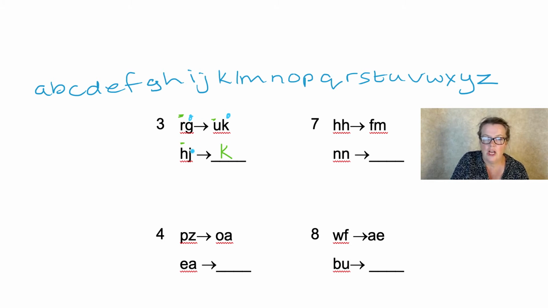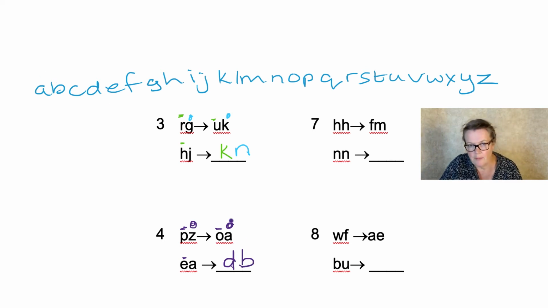So we go J forwards 1, 2, 3, 4, K, N. Let's just check. Yep. Now this one, we're going to do the P to the O is back 1. So we go E, back 1 is D. And then Z to A is forwards 1. So we go A forwards 1 is B.